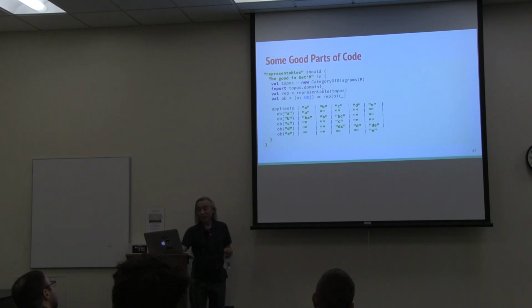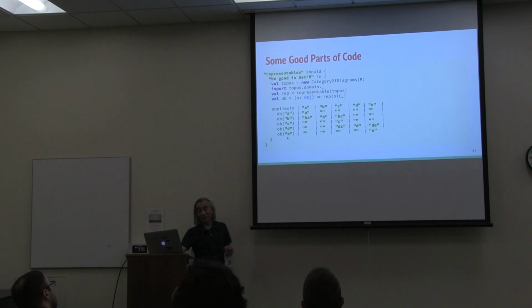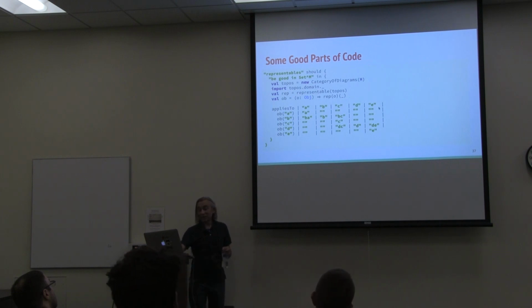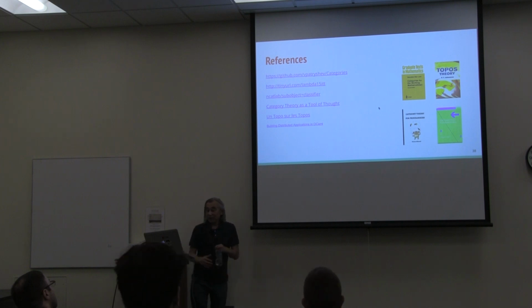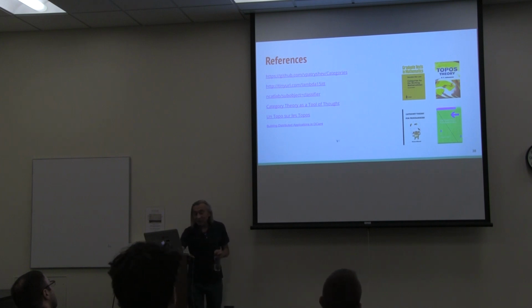So we have a representable, and this is a builder of representables. We take representables on all possible objects and we produce this. So that's what the tests look like. And these are references, including an amazing talk by Francois today.